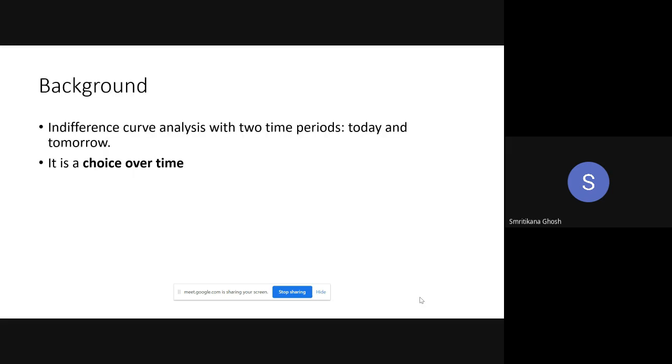Now, what is intertemporal choice? Look, before that, when we are discussing consumer theory, consumer behavior, the indifference curve, everything is like this: this is my income, this is the price of X, this is the price of Y. So which commodity will I choose? We are living in today.